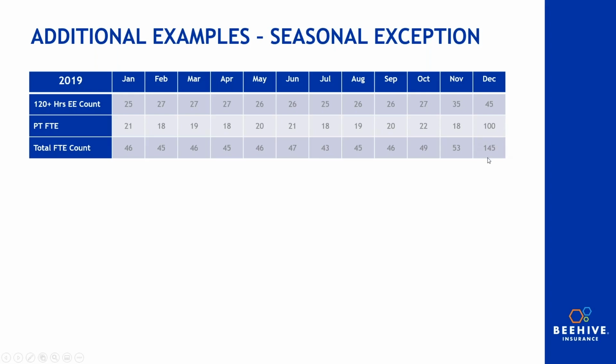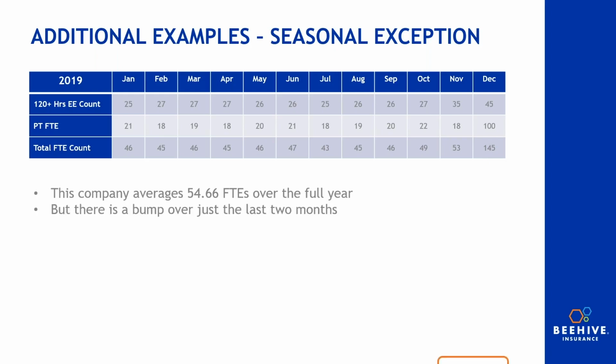We have hired a lot of part-time employees. Over the entire year, though, this company averages 54.66 full-time equivalents. But there's that bump over the last 2 months. So it's only over the last 2 months currently that they have more than 50 full-time equivalents.